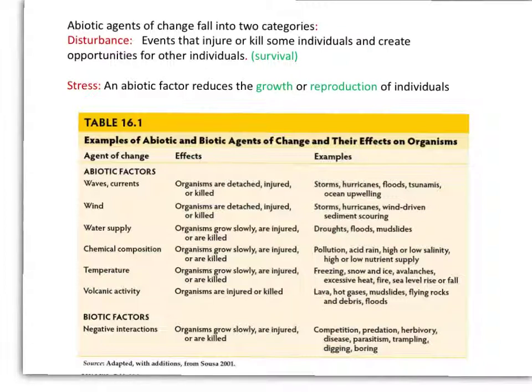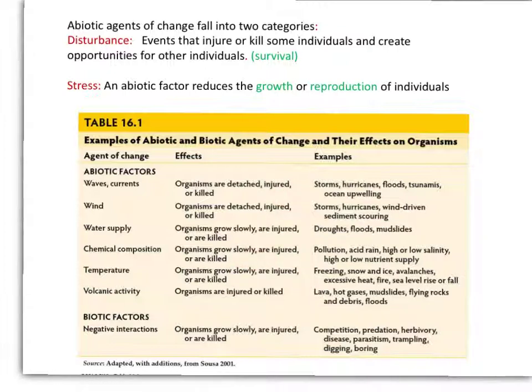Okay, so examples of abiotic factors and agents of change that can affect organisms include waves, wind, water supply, chemical composition, temperature, and volcanic activity, and the effects are shown in this table here: organisms can become detached or injured, or can grow slowly.